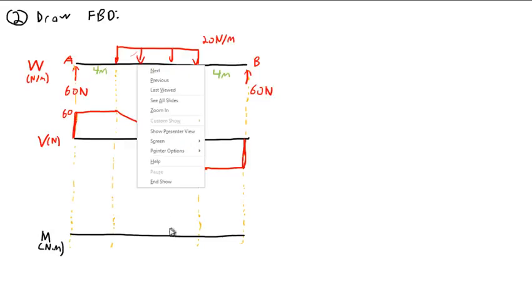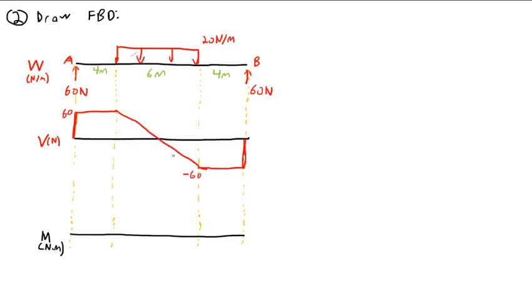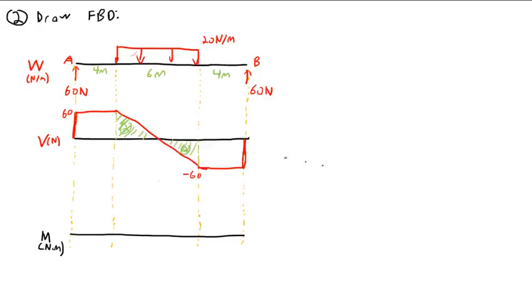Okay, so what I'm going to do is divide this into 2 zones. I'm going to call this area 2, because this is symmetric, and this is 1 and 1.